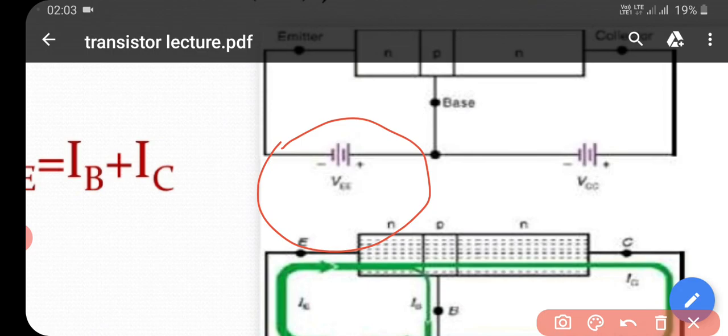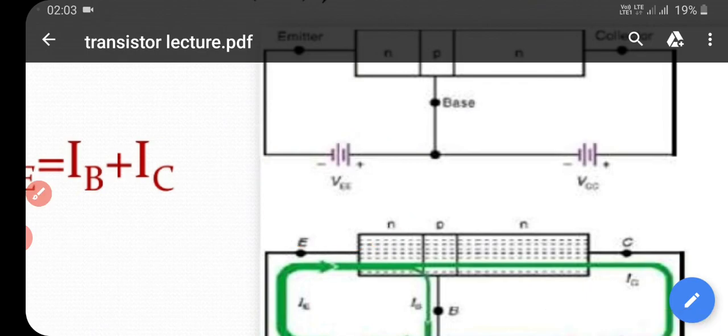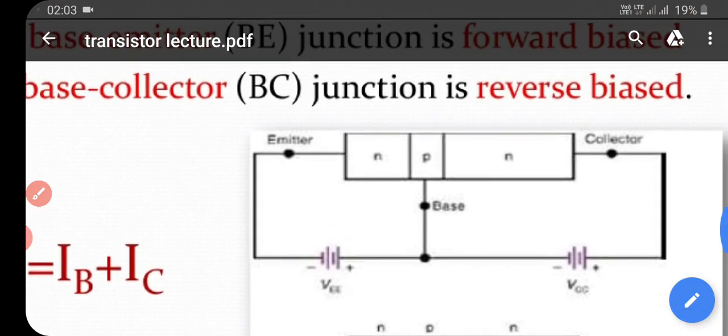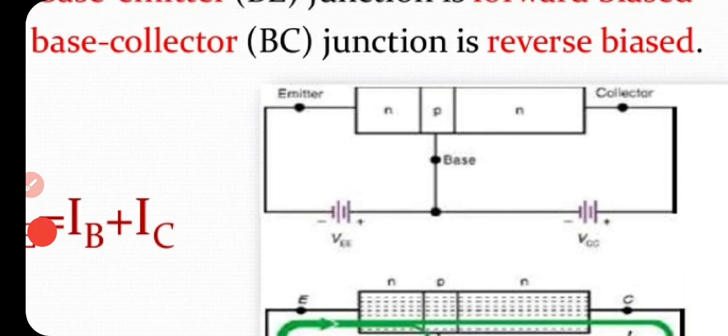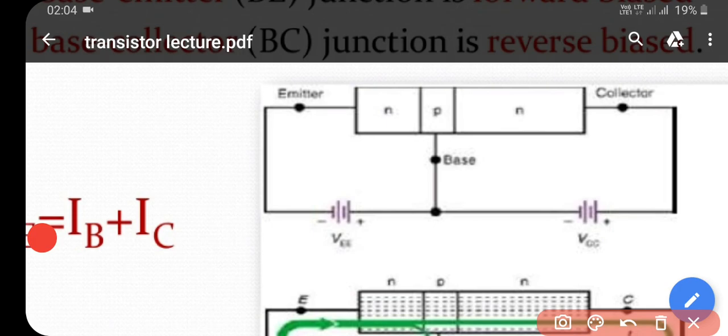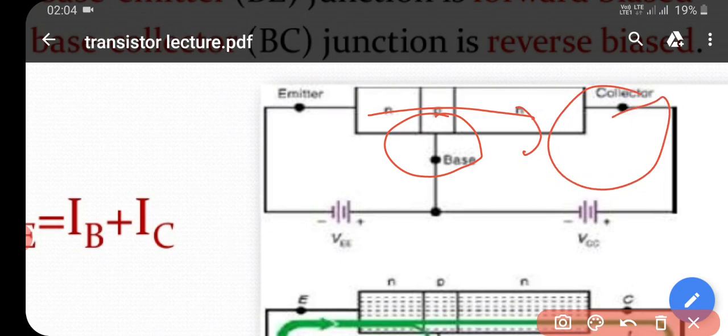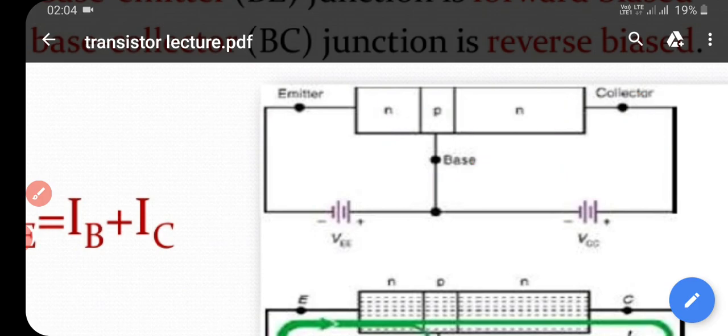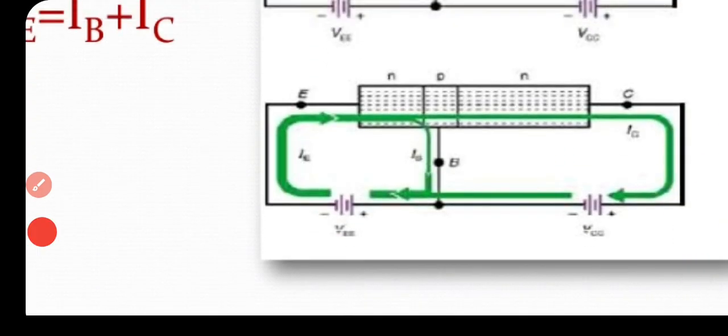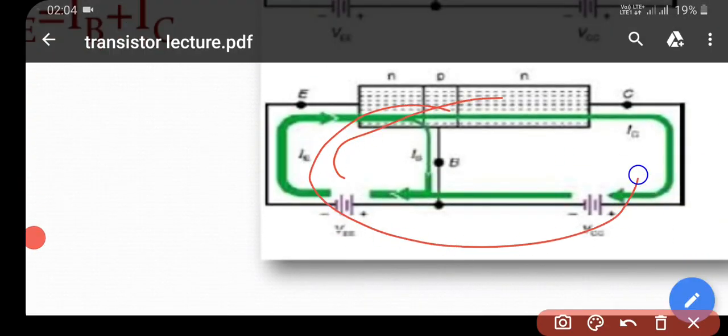Cut-in voltage is the minimum voltage required to make the transistor conduct.